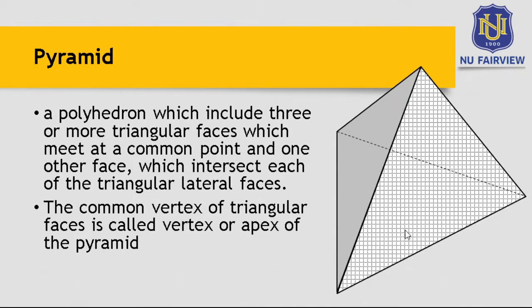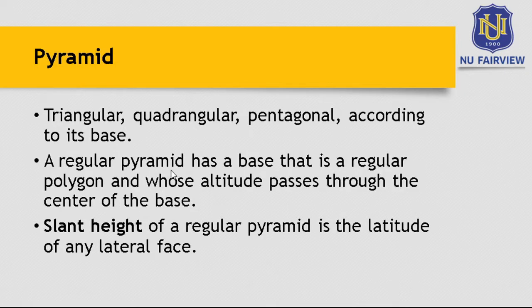Now, yung one other face na yon, we call that yung base at nag intersect naman yon sa bawat lateral face natin. Now, yung bases nyo, pwede siyang triangular, quadrangular, or pentagonal, or iba pang. Depende sa base, yun yung tawag. Okay?